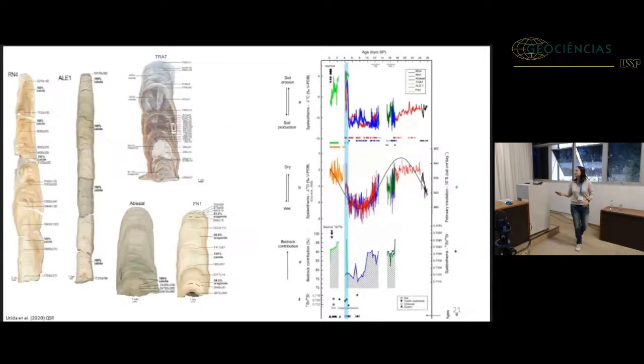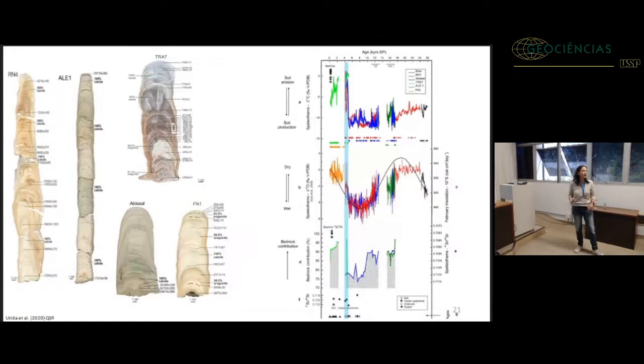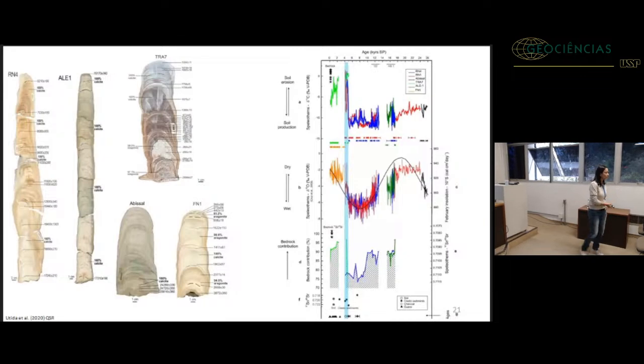So I tested another proxy in the stalagmites: strontium. Strontium comes from different sources. One can be the bedrock.